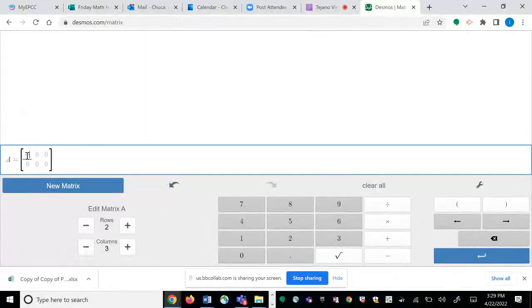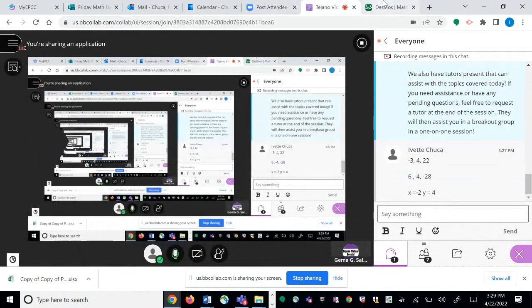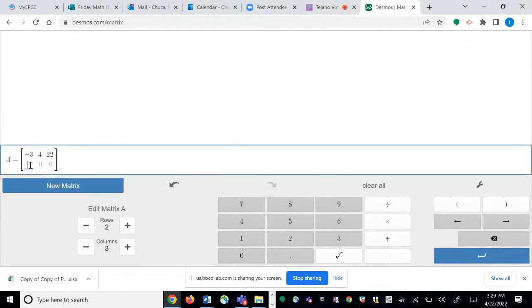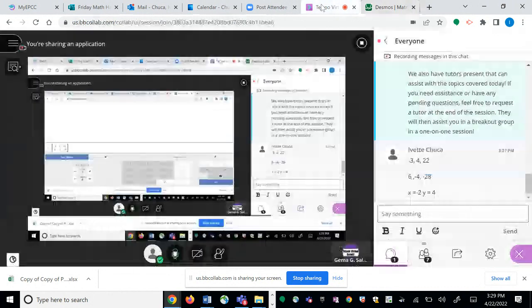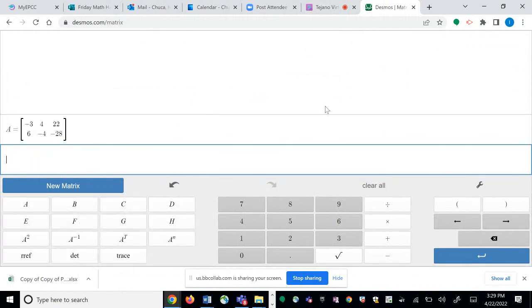So I will put that here, -3, 4, 22. And then the other numbers are 6, -4, and -28. Let me double check. Yes. Okay, and then you just press enter. And so it's going to be here for you already.